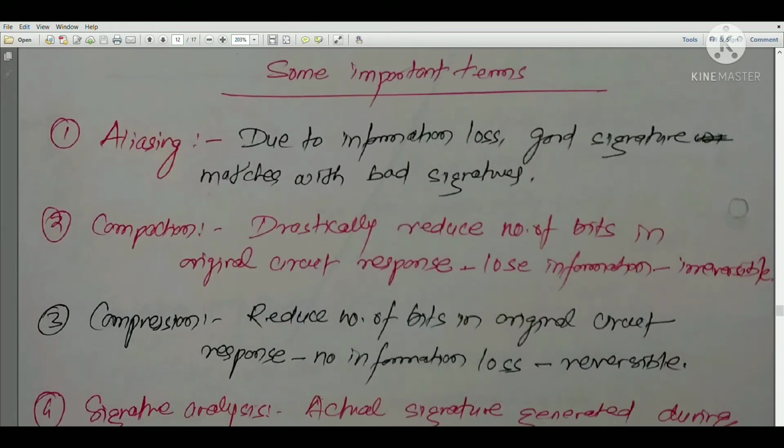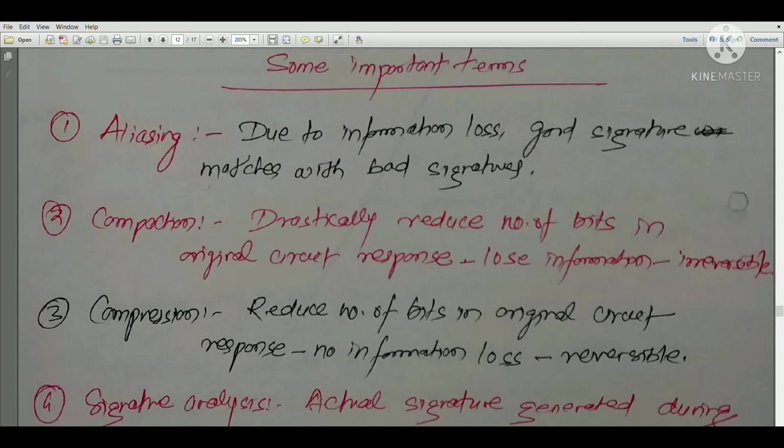It is the same as, suppose you are signing your data in the bank, and if any fraud happens, and any other person is having the same sign as yours, and he or she is taking the undue advantage of that, so it becomes problematic then. So the good signature matches with the bad signature due to the information loss. Maybe the fault is there, but we were unable to detect that fault, and because of that information loss, the mismatching is happening.